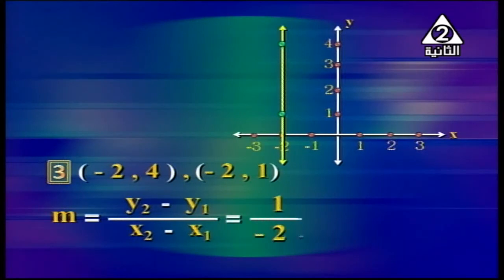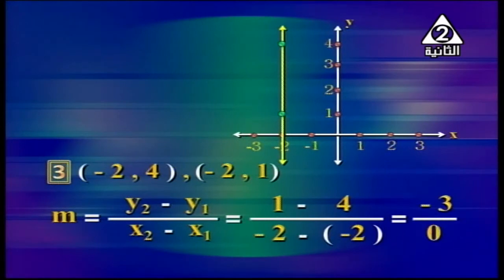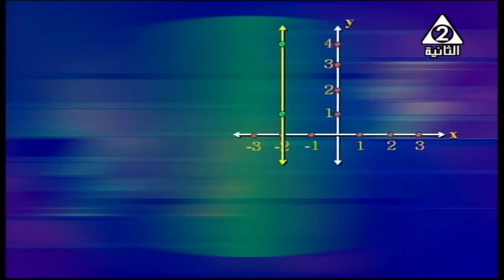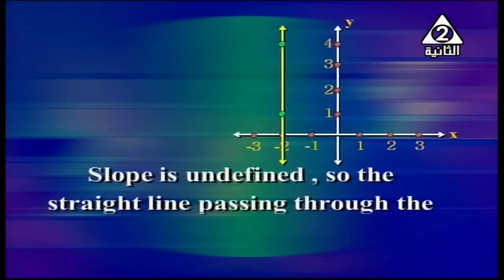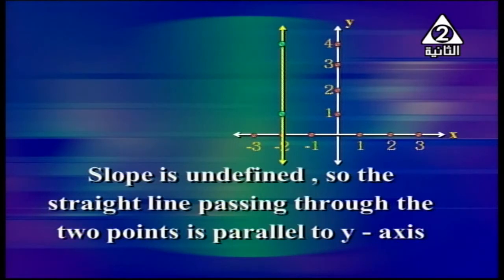So, it is 1 minus 4 over -2 minus -2, to obtain a result as -3 over 0. What do you notice? The denominator equals 0 and -3 over 0 is undefined. So in this case we can say that the slope is undefined, and the straight line passing through these 2 points is parallel to the y-axis.